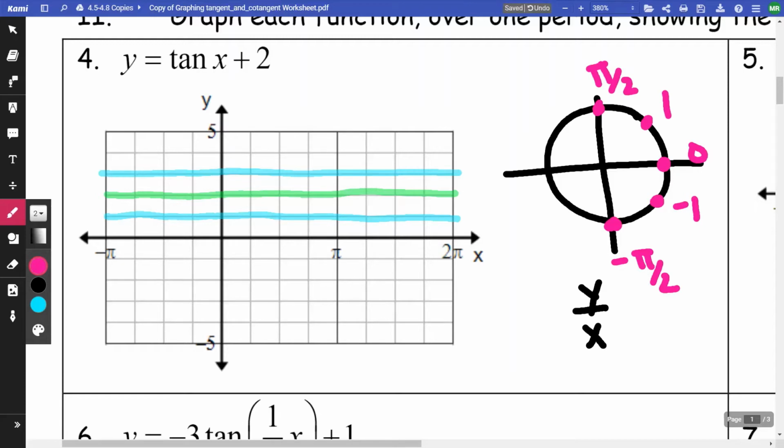So in this situation, my period has not changed. So I am going to have my asymptote here at negative pi halves, I apologize, which is going to be negative pi halves here, and at positive pi halves.